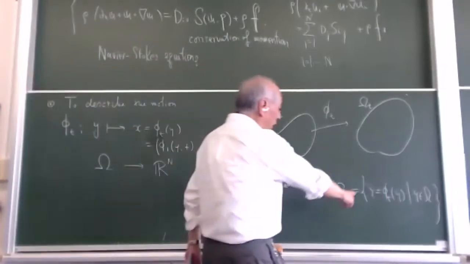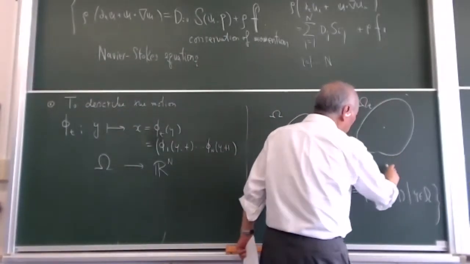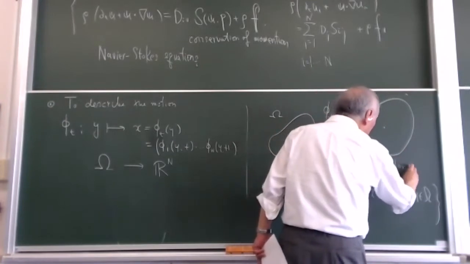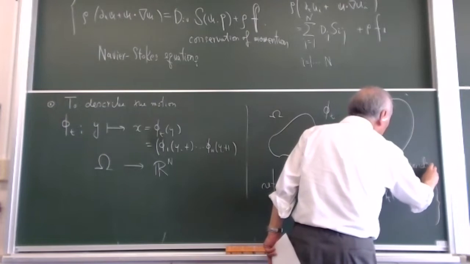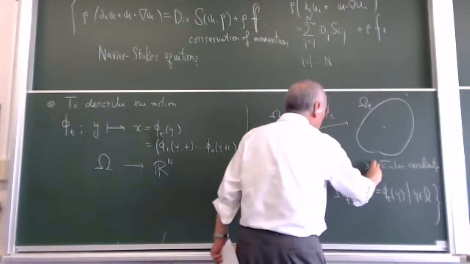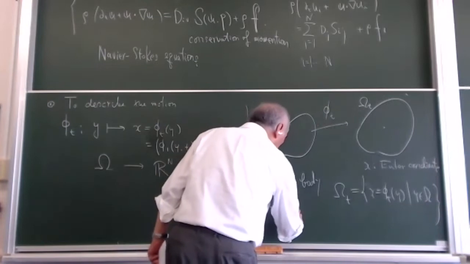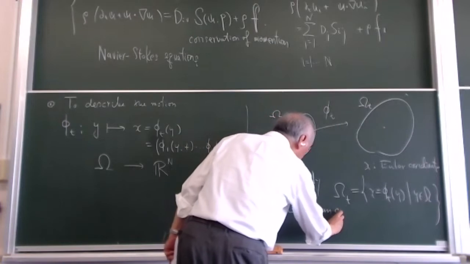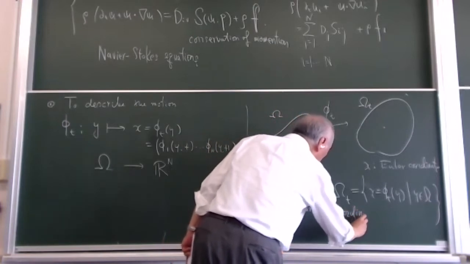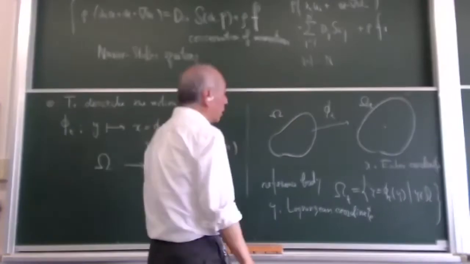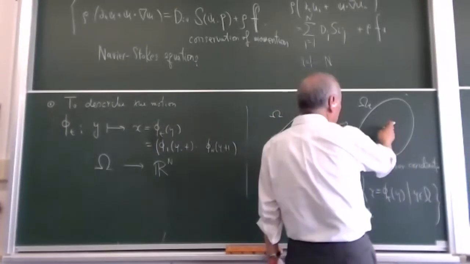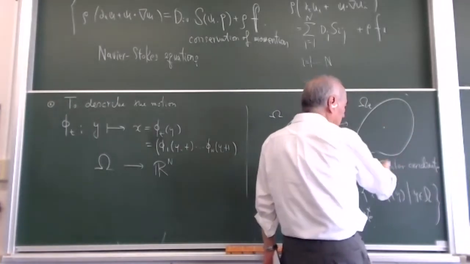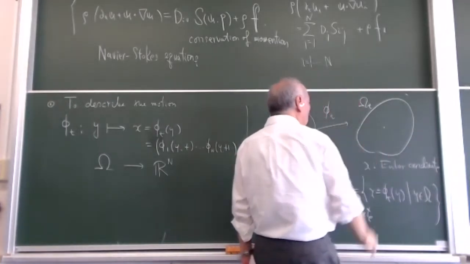So for example, x is usually called the Euler coordinate. Then y is the Lagrange coordinate. Usually we observe the flow in the Euler coordinate, so a fixed coordinate.